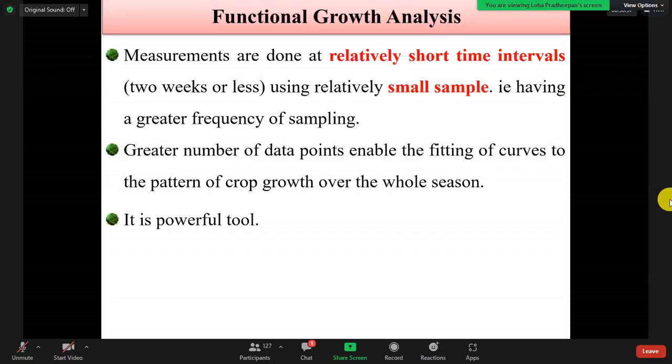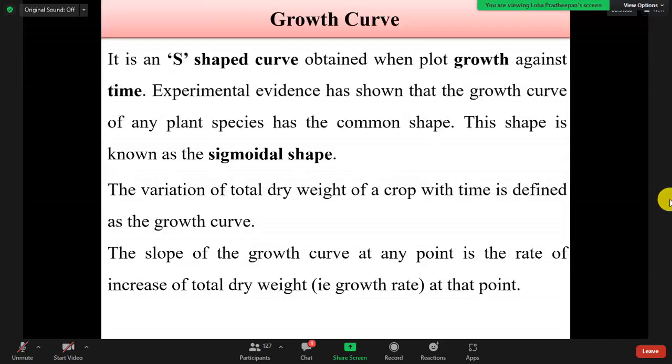So we have these two approaches. Then we will move to the growth curve, because we use the two approaches mainly to get the growth curve, to study the growth of the crop. In that case, leaf area and dry weight are the basic parameters commonly used. To get the growth curve, dry weight is commonly used.